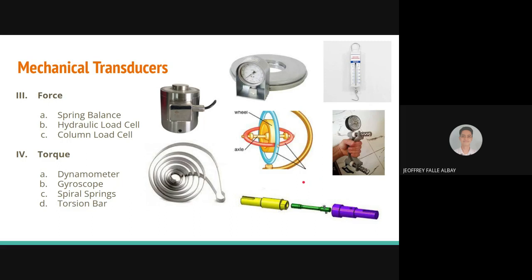So next is the spiral springs. It is widely used in mechanisms such as mechanical watch movements and clocks where the spiral spring is used for timekeeping. The next is the torsion bar. Resists twisting and has a strong tendency to return to its original position when twisted. The next slide.